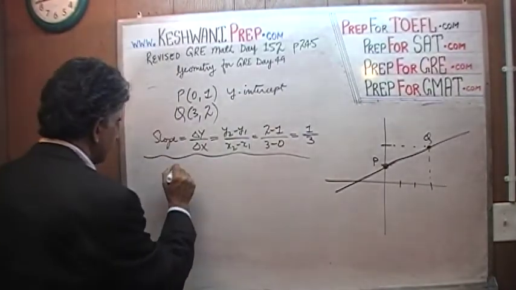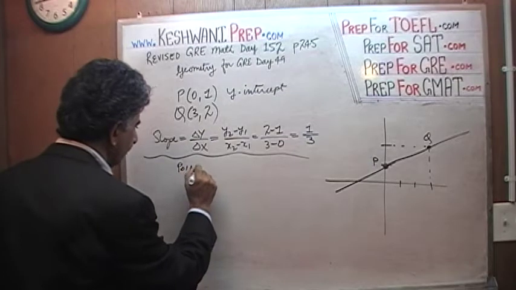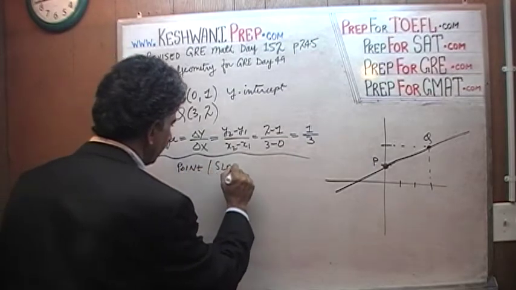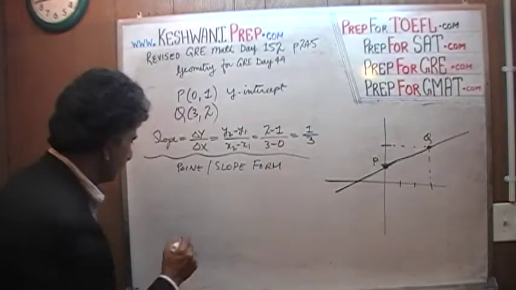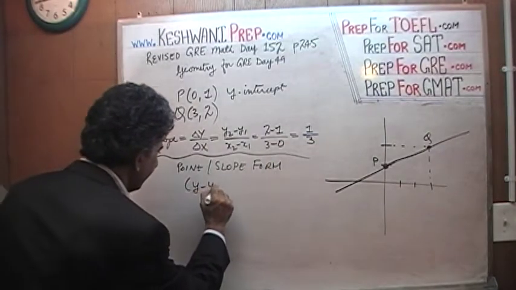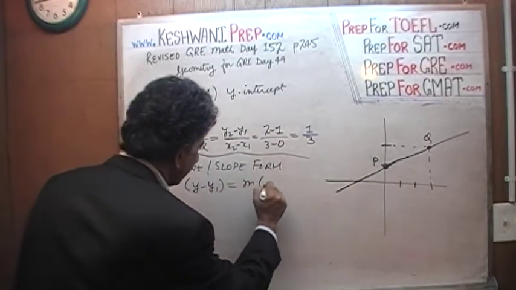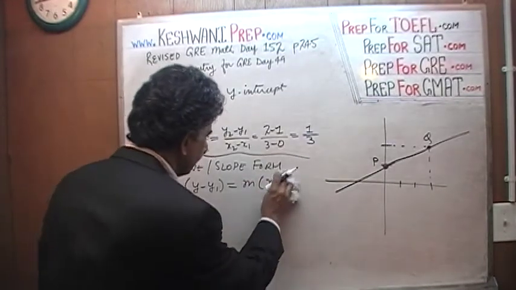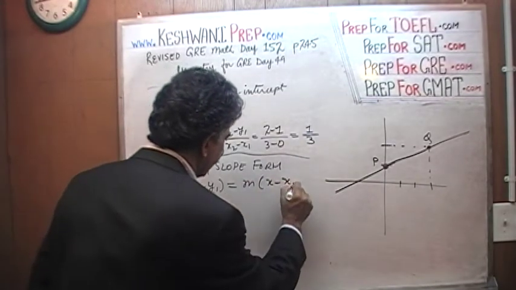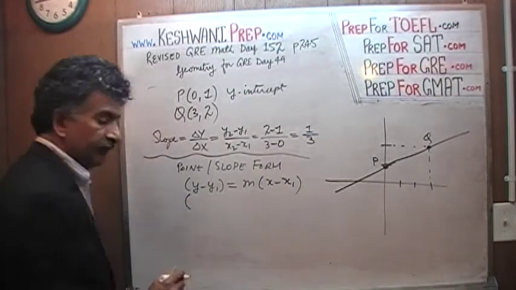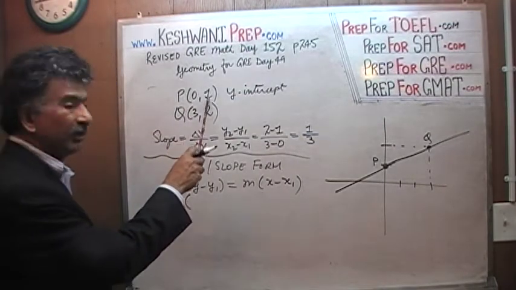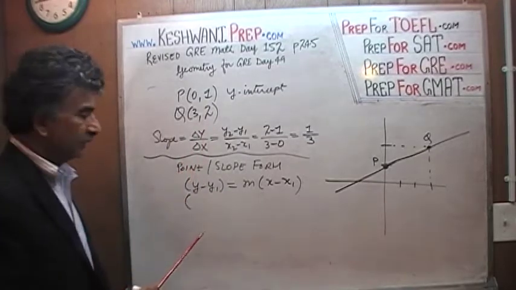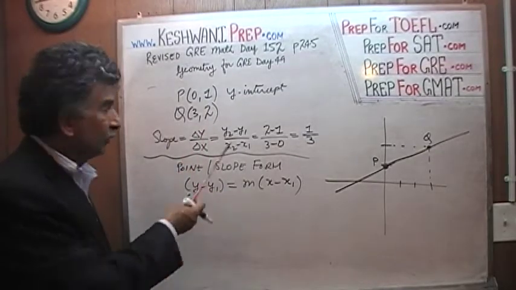So now we use the point-slope form of the equation, which looks like this: y minus y1 equals m times x minus x1. And it's up to you now. Just because it says y1 does not mean that I have to use point P. We could use point Q. It doesn't really matter. We just have to use the coordinates of one of the 2 points here.